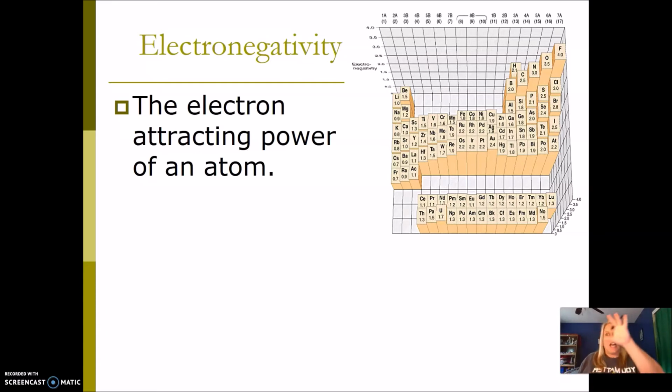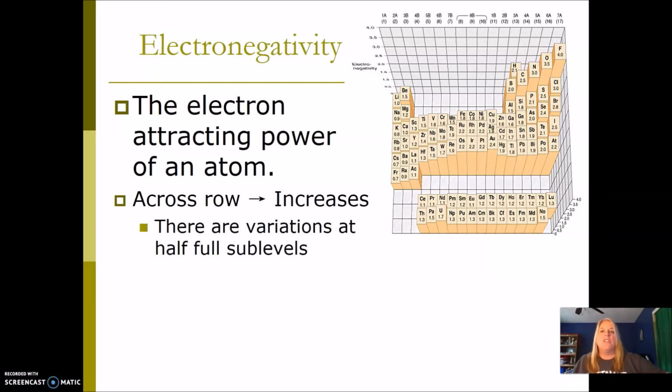So as you can imagine, the guys that get electrons are the ones on the right side of the table. As we go across a row, as we go to the right, our electronegativities go up. Now, there are some variations in different sublevels, so things get a little messy in the middle.